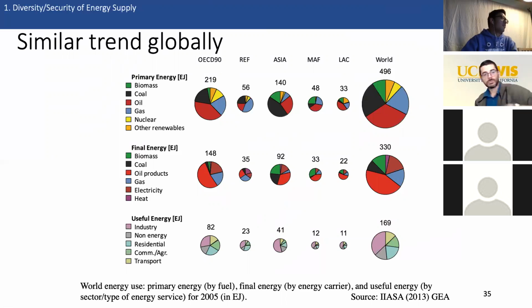And then in the final energy here, compared to the useful energy, again, you're losing about 2/3 of it because of inefficiencies in the system or inefficiencies associated with conversion of one energy type to another.